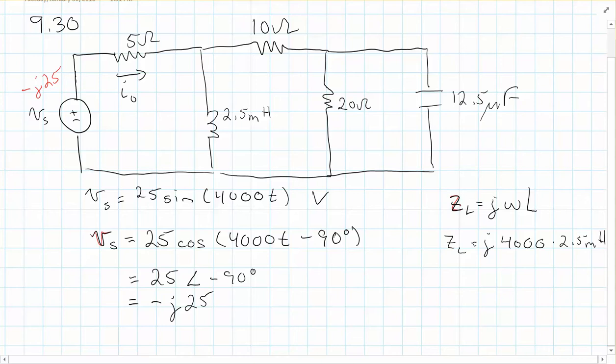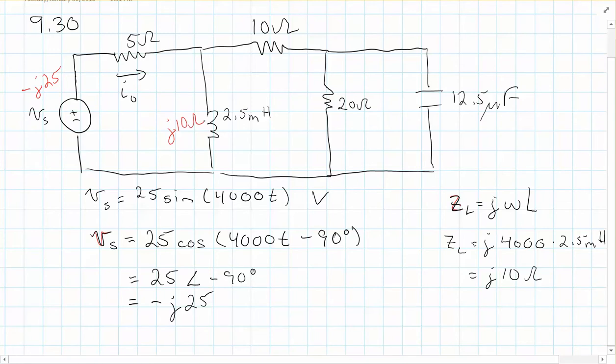And then I'll do that real quickly on my calculator here. 4000 times 2.5 millihenries is equal to J10. And again, this would be in ohms. So let's go ahead and put that right here, J10 ohms.